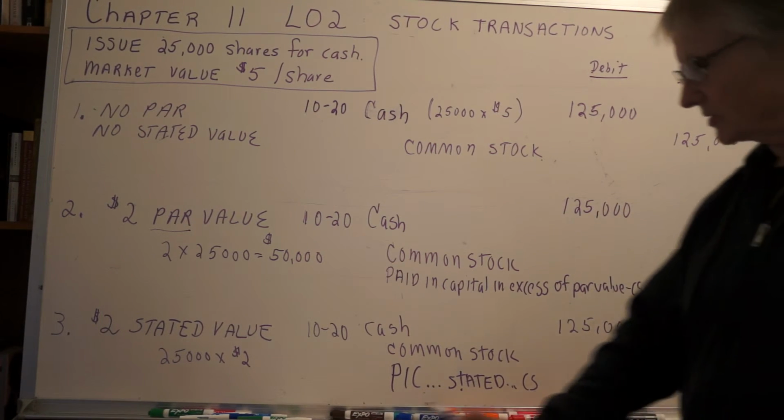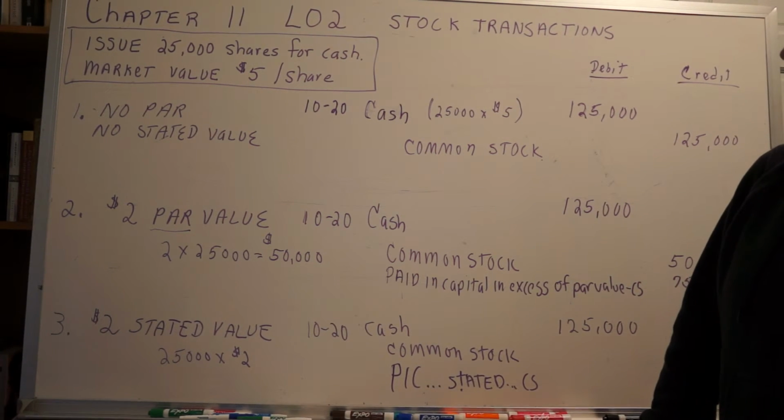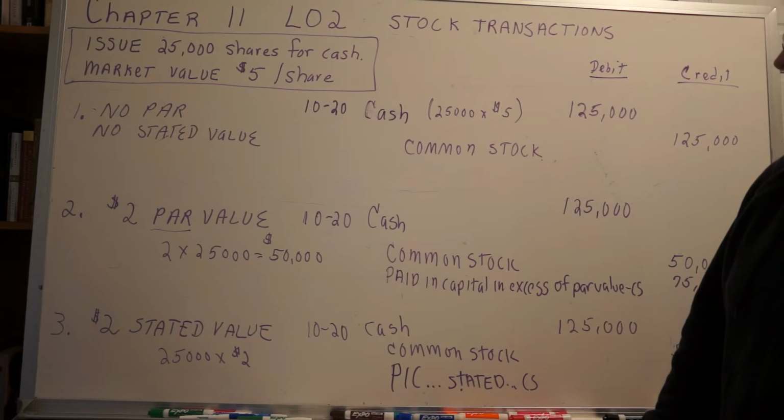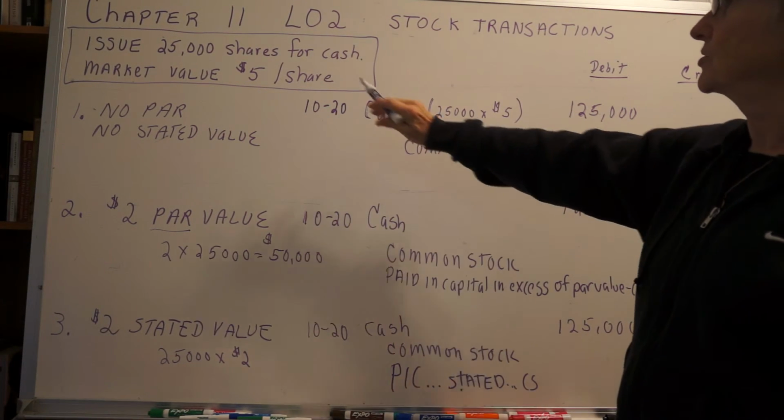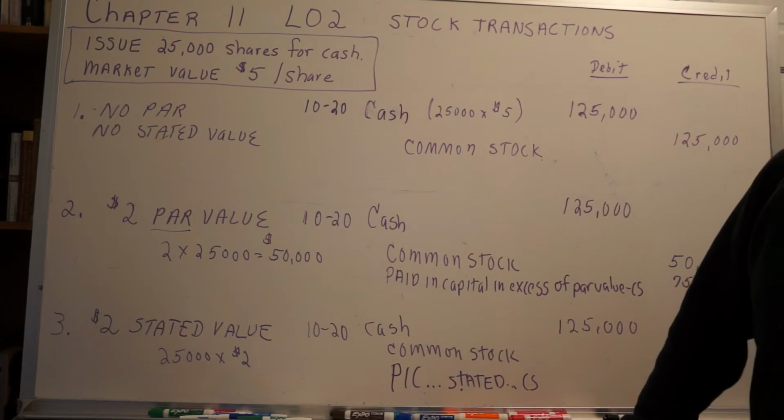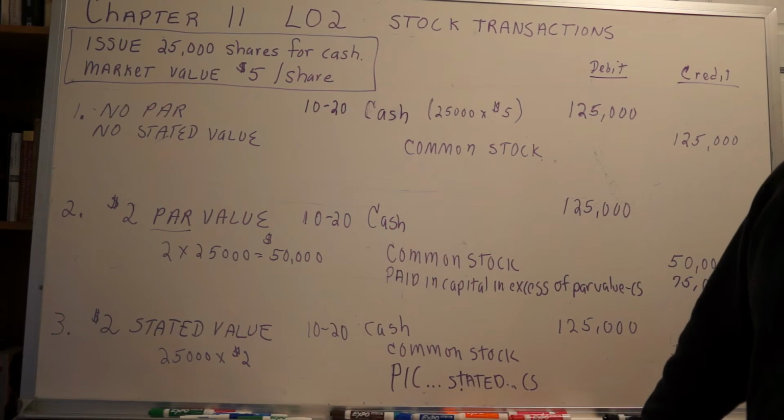So it's really a fairly mechanical process. You simply have to watch the terminology. If it's par value, you label it as par value. If it's stated, you label it as stated value. The key to remember is the cash that you receive is the number of shares you issue times the market value of the stock, because that's what you get on the open market.